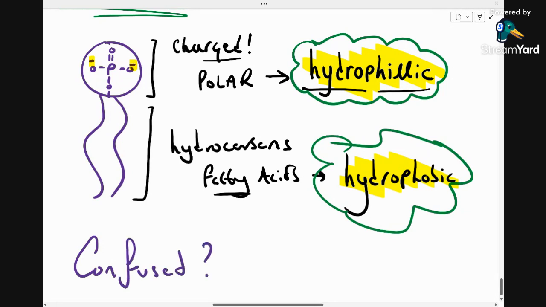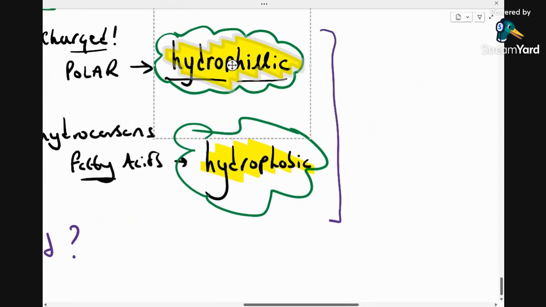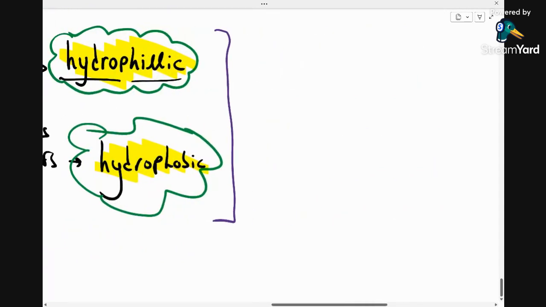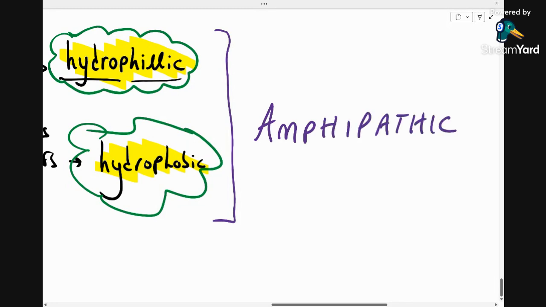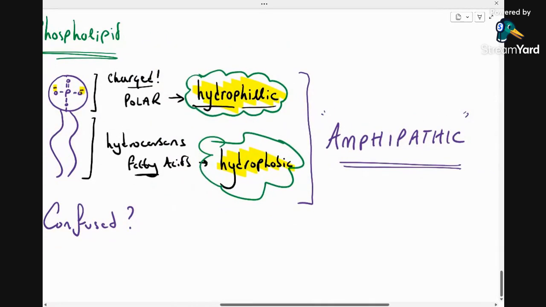It doesn't know, is it hydrophobic, is it hydrophilic? It's a bit of both. And the posh word for being both hydrophilic and hydrophobic isn't confused. It's amphipathic. Amphipathic, posh word, meaning you are both in the same molecule. The same molecule is both hydrophilic, water loving, and hydrophobic, water hating.